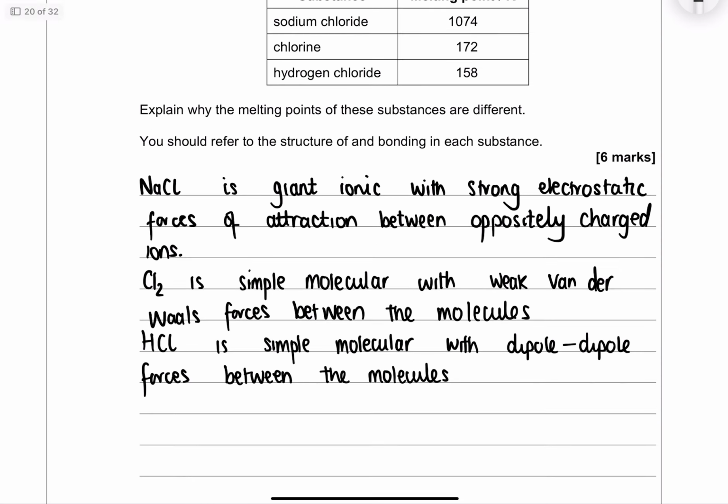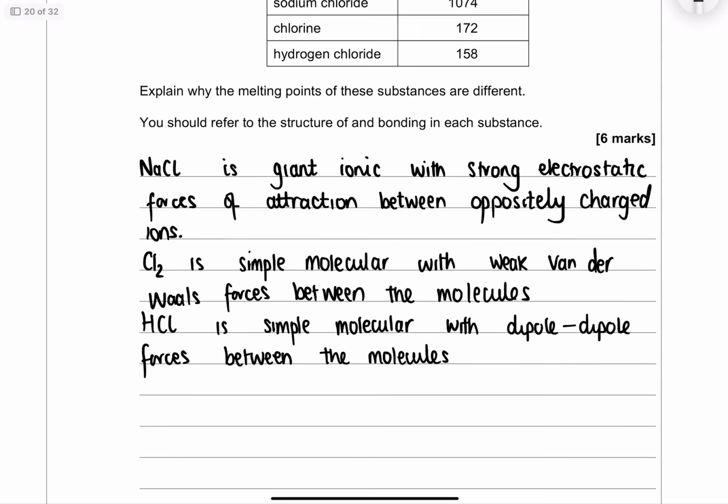Okay, so why are their melting points so different?